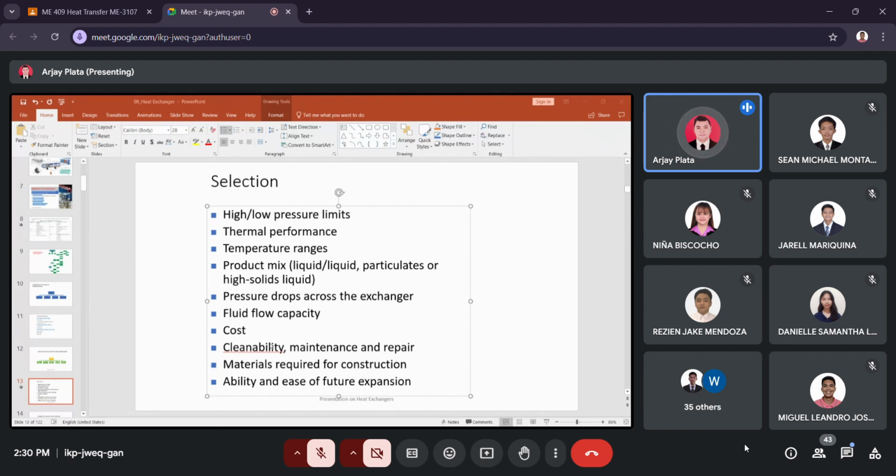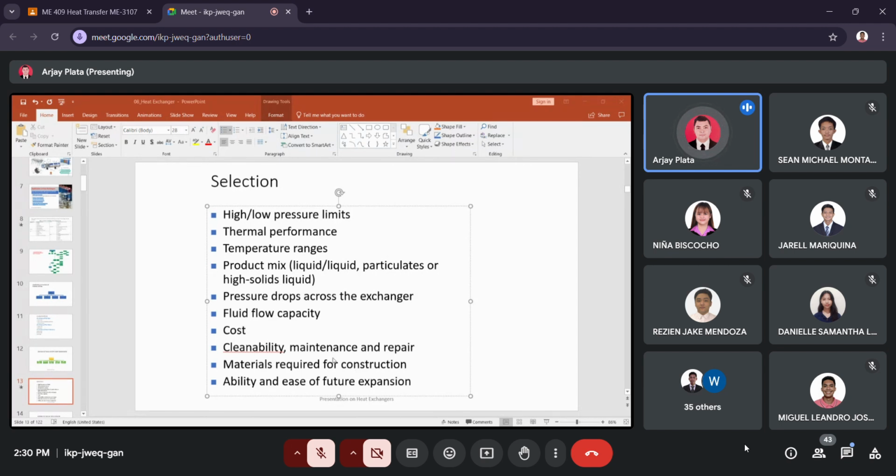Carbon steel is not a good material for sulfuric acid and other very acidic and corrosive applications. So materials are also required to be considered when constructing a heat exchanger.